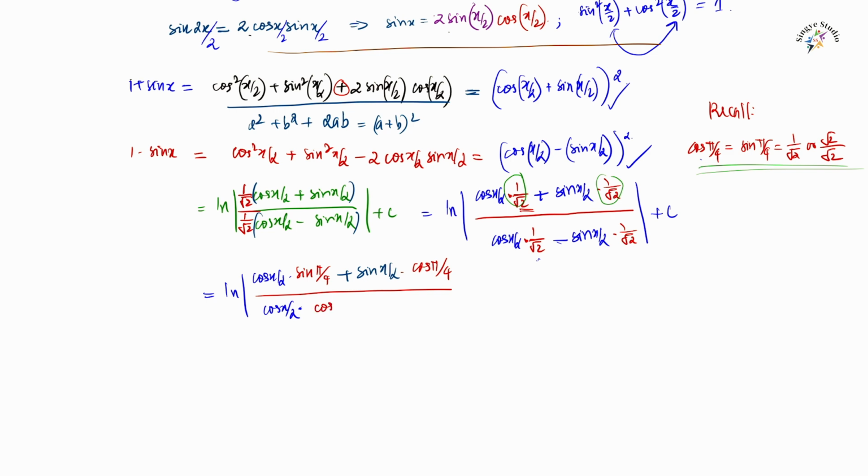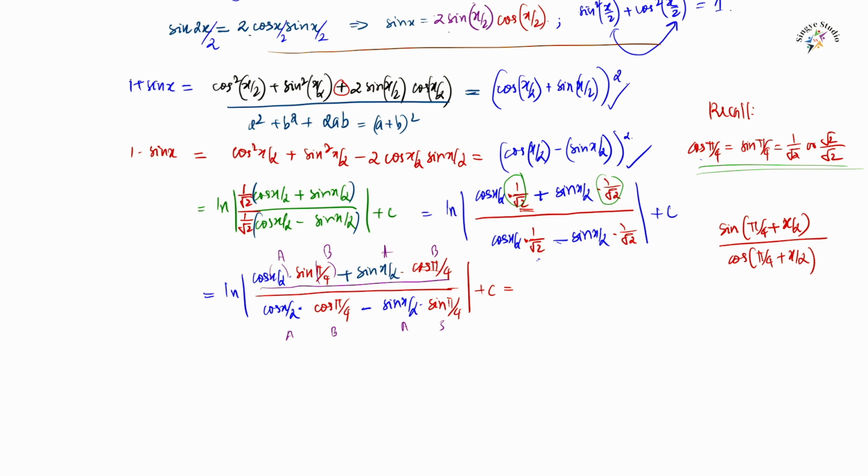Now if you see very carefully, if x/2 is a and pi/4 is b, then we have cosine a sine b plus sine a cosine b, and here cosine a cosine b minus sine a sine b. Therefore this whole expression is equal to sine of (pi/4 plus x/2) in the numerator, and in the denominator cosine of (pi/4 plus x/2), using the compound angle formula.